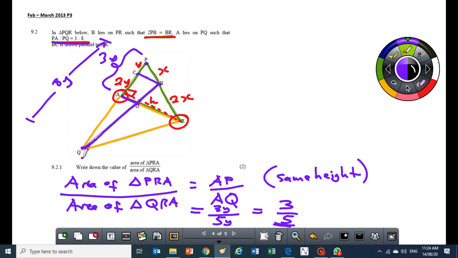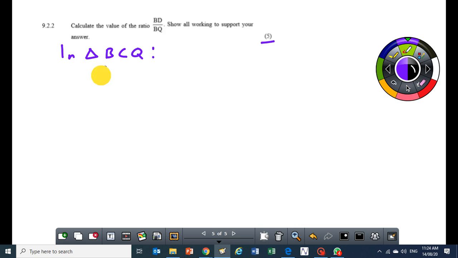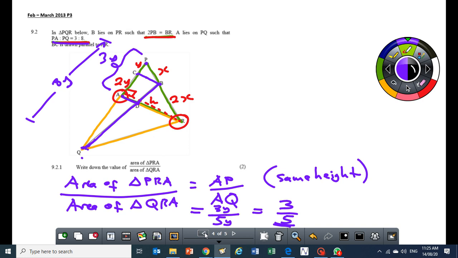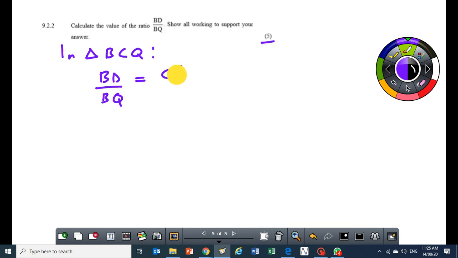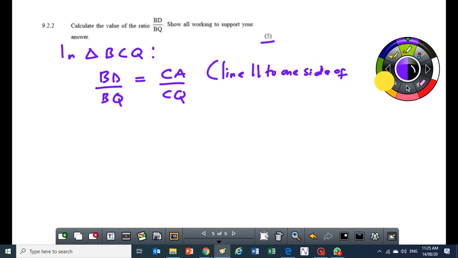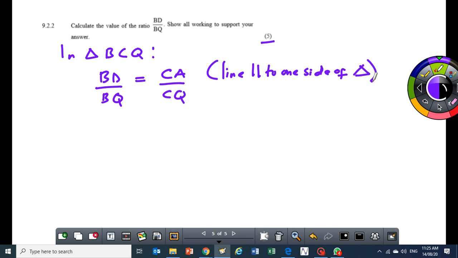So it's not going to be difficult to do. So my next thing that I have to write down is BD over BQ is going to be equal to CA over CQ. And my reason: line parallel to one side of triangle. Or you can write proportion theorem, then you state the lines that are parallel.